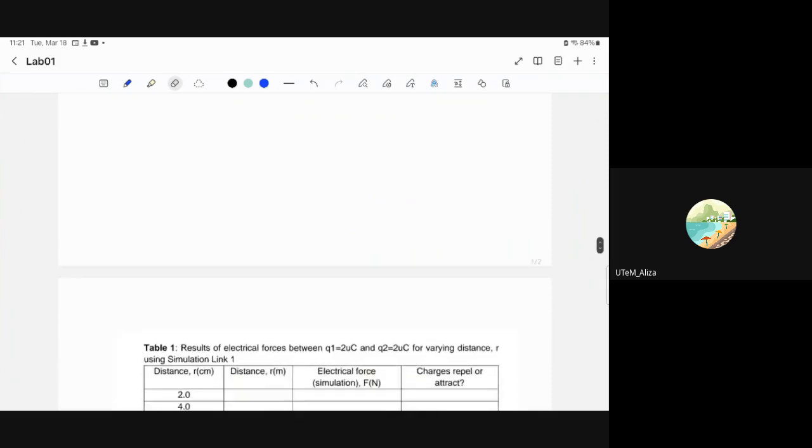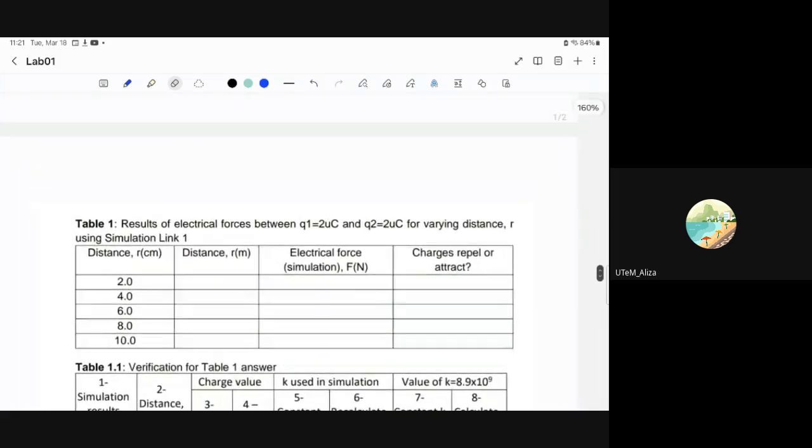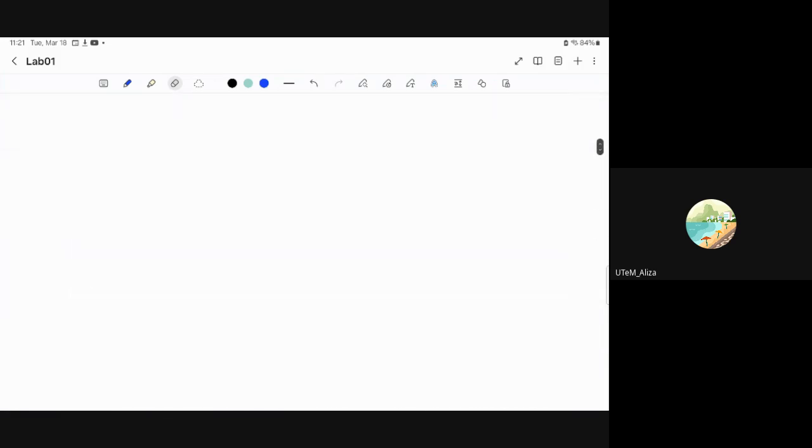Let me explain a bit on how to calculate electrical force. Let's say you have one positive charge Q1 and another electrical charge Q2, also a positive charge, and those charges are separated by a distance r.